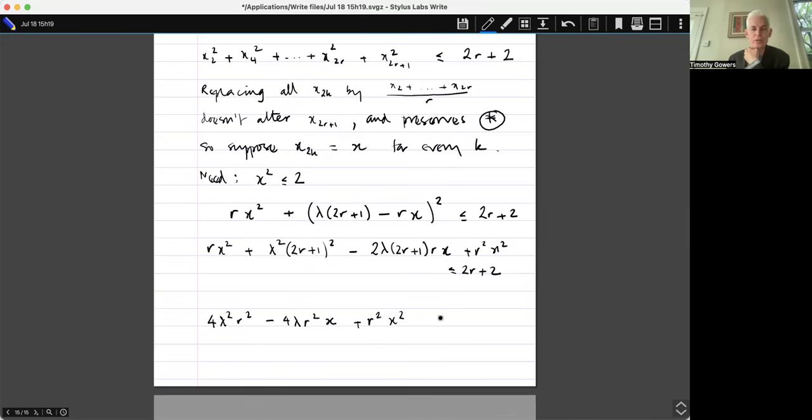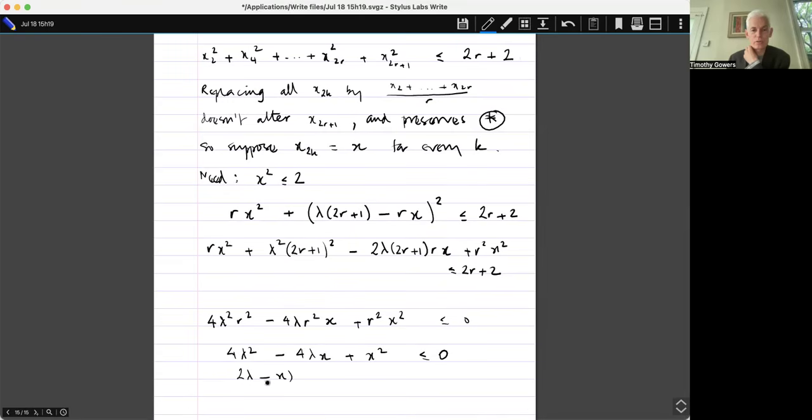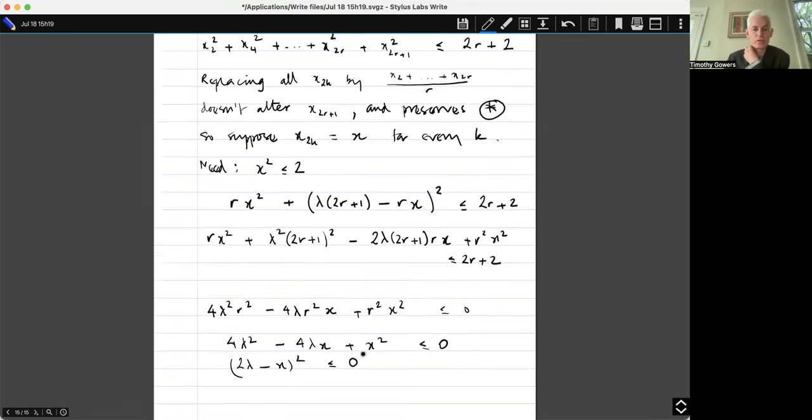And that's meant to be less than or equal to 0, so to speak, because I'm just looking at second order terms. So now I can cancel out the R squared. I've got 4 lambda squared minus 4 lambda X plus X squared less than or equal to 0. So 2 lambda minus X squared is less than or equal to 0.